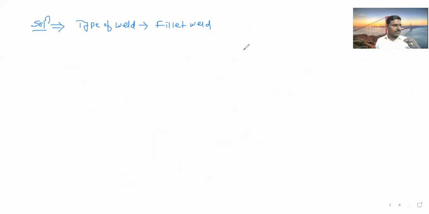Then what is the given data? Am I audible? आवाज येतोय? Yes, sir. Okay. So now again, which data they have given? Thickness of plate is given.